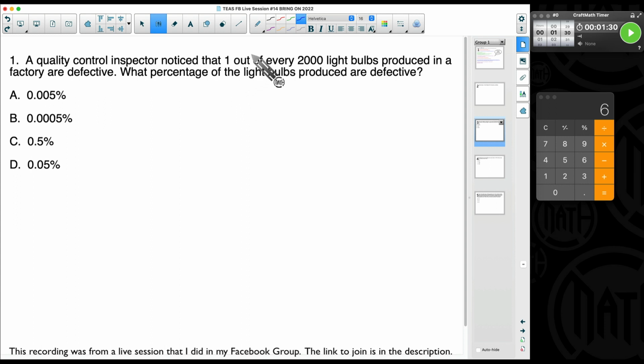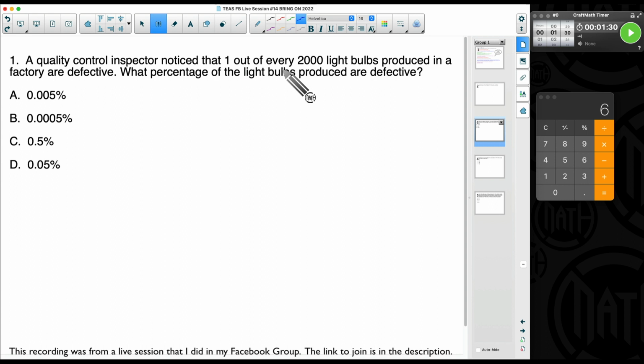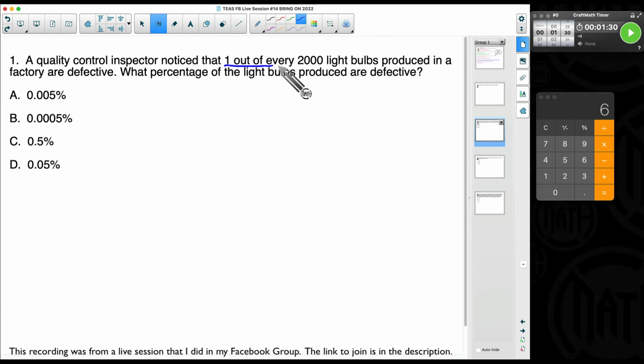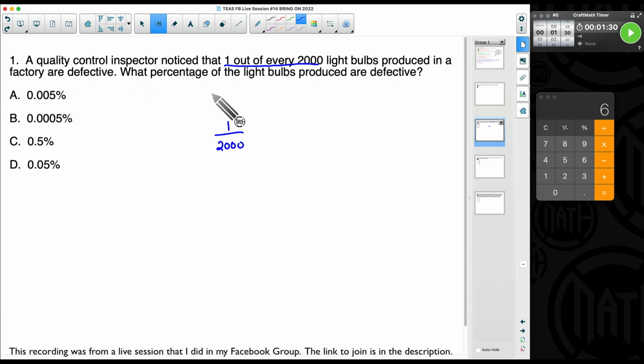So, 1 out of every 2,000 are defective. And if we write this as a fraction, 1 out of every 2,000, that means 1 out of 2,000. This is our fraction.